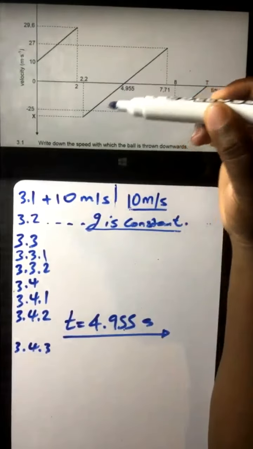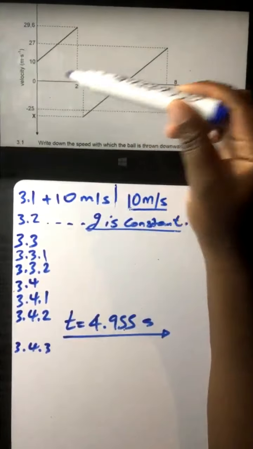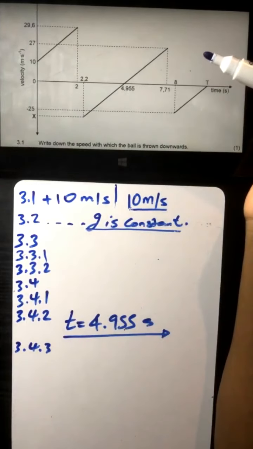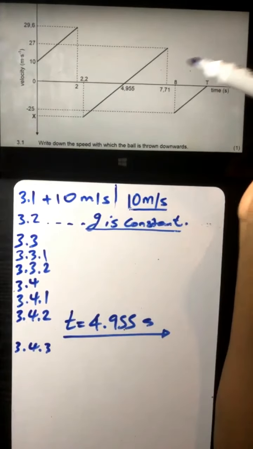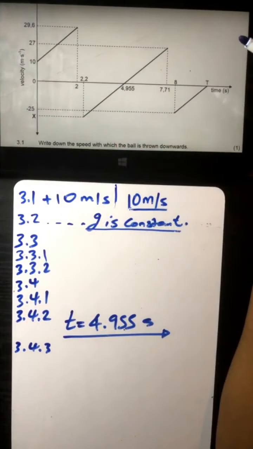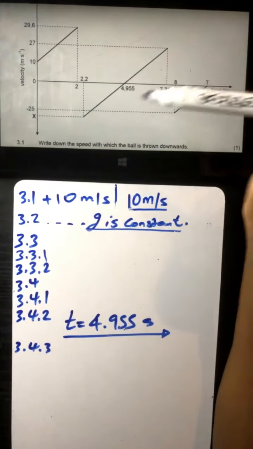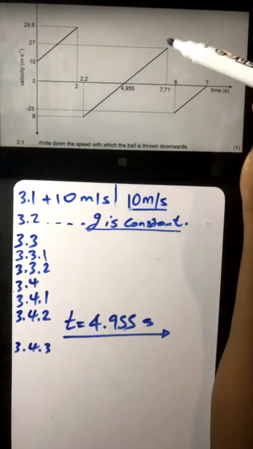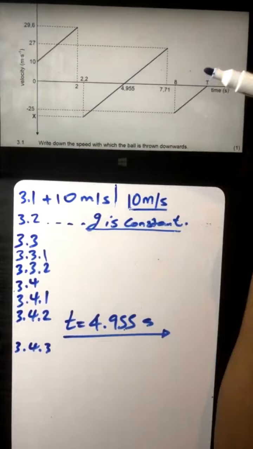One thing for sure, it has to be a velocity which is greater than 25. So there's something interesting about these graphs, ladies and gentlemen, especially that one which crosses that time.